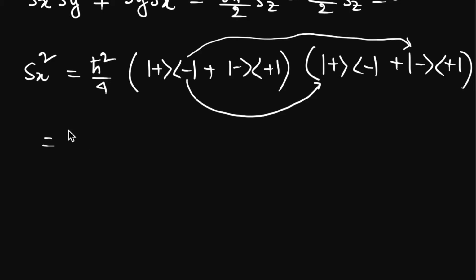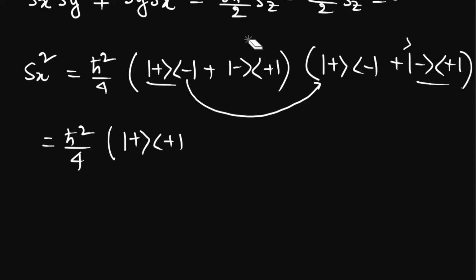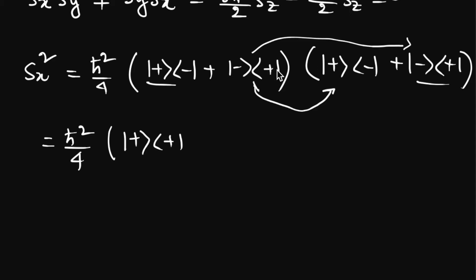Only these terms survive. That means ħ square by 4, only these terms survive. That means plus. Now if we multiply this term with this term, then this term will survive. But if we multiply this term with this term, plus minus, this will not survive, it will become 0. That means this term will survive, that will be minus.